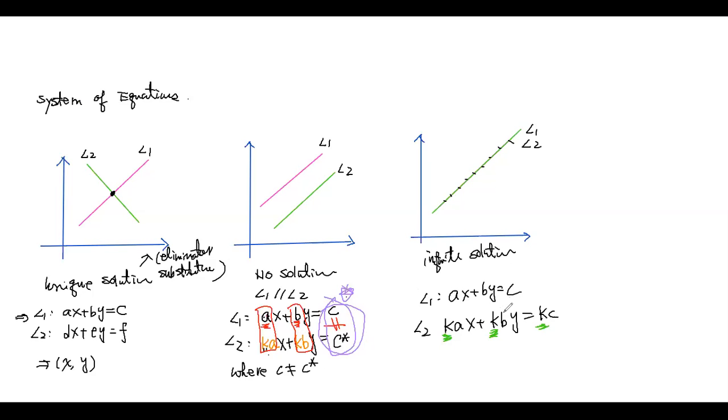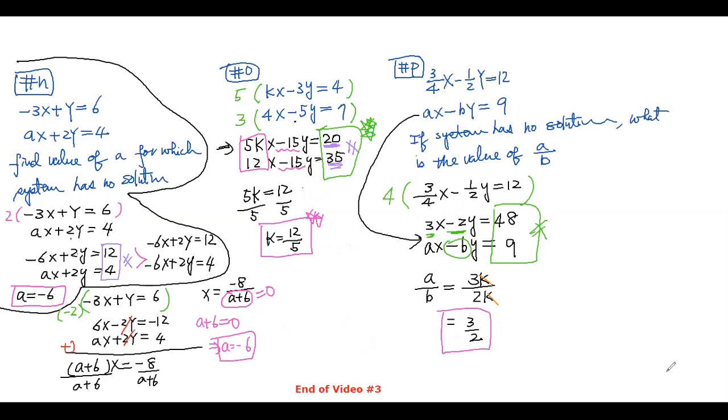But if they have infinitely many solutions, that means all three numbers, a, b, and c, will be proportional. So those are the three problems to find the value. The problems are quick, easy calculations, but you need to understand the concept. Like I said, many students get confused and lose points on this type of problem during the tests. So make sure you understand the concept and why I try to match the coefficients here.